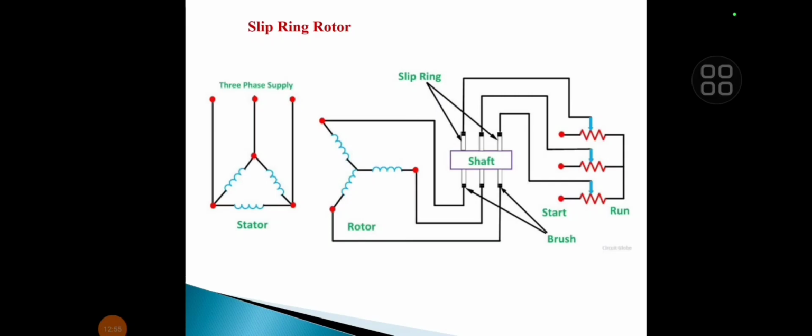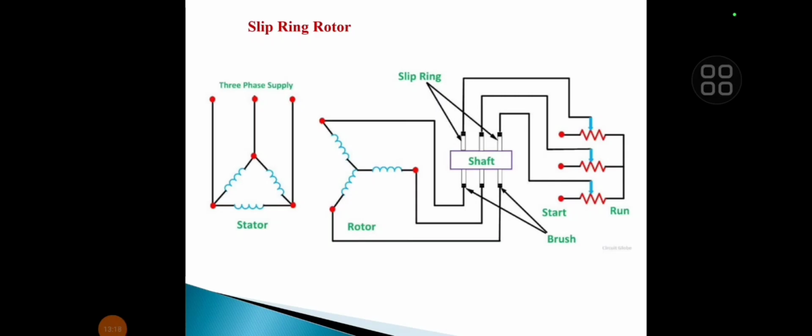The slip ring rotor is also made by using silicon steel material, and this star connected winding's terminals are connected to the slip rings. The slip rings are made of hard drawn copper material, and the brushes are made of carbon or graphite.